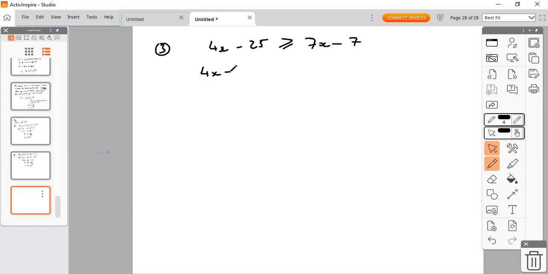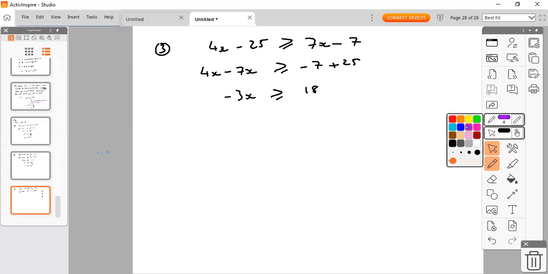When we tidy that up, when we collect like terms and tidy up the numerical on the right hand side, we're left with negative 3x. So that's a negative multiple. So we're going to move that negative 3 across, and when we move that, the sign switches. That's it. Simple as that.